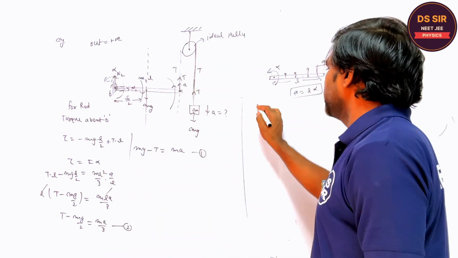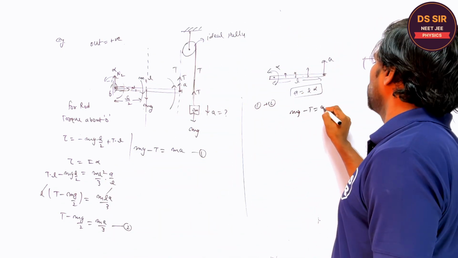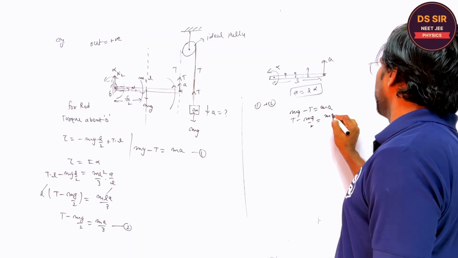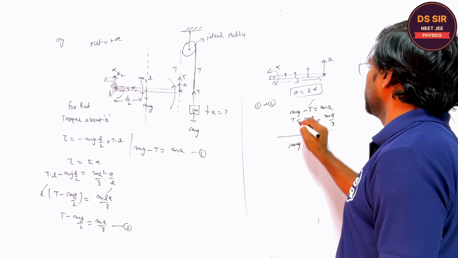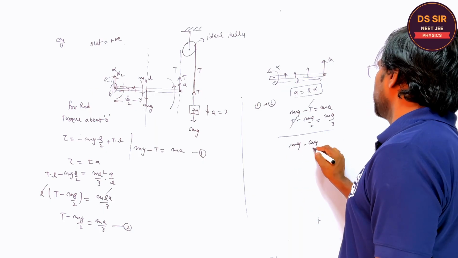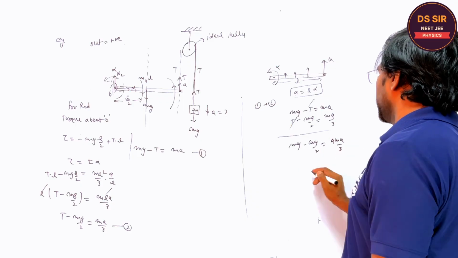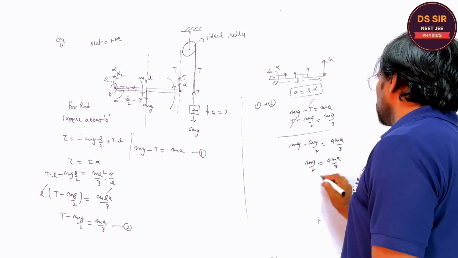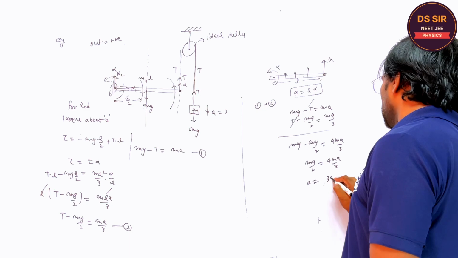Add equation 1 plus 2: mg minus T equals ma, and T minus mg by 2 equals ma by 3. When you add, the T will cancel out, leaving mg minus mg by 2 on one side and 4ma by 3 on the other. So mg by 2 is equal to 4ma by 3, so the acceleration will be equal to 3g by 8. Is it clear or not?